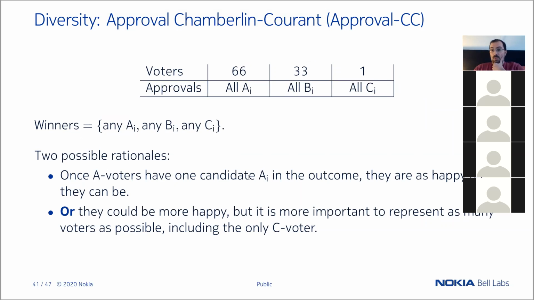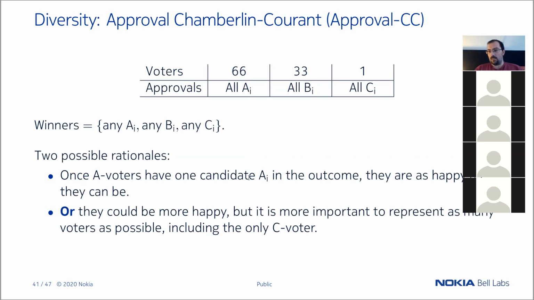There are 2 possible explanations behind this process. The first one is to say that once the A voters have one candidate of type A in the outcome, they are as happy as they can be, and it's not possible to make them happier. So you can argue that it's the case in my example with the defibrillators, for example. You don't need to have 2 defibrillators near you.